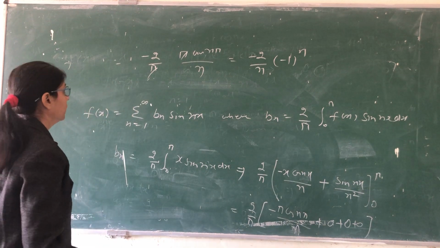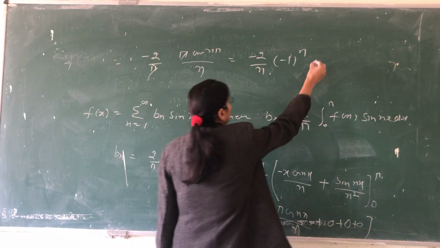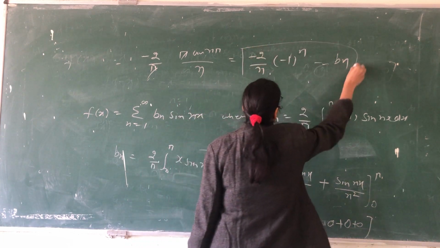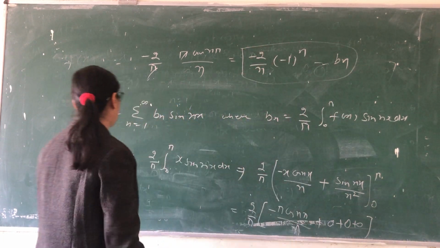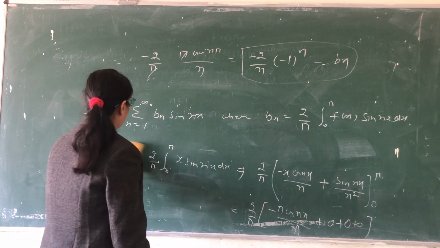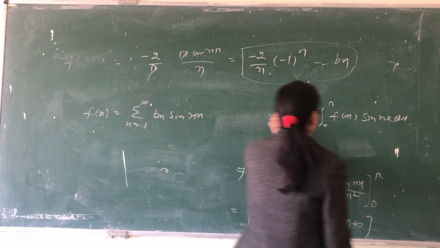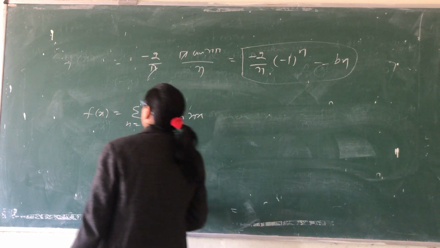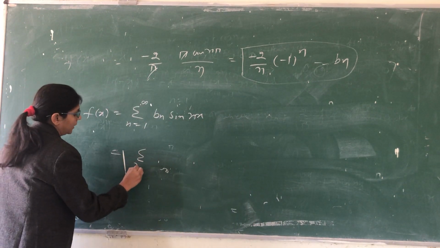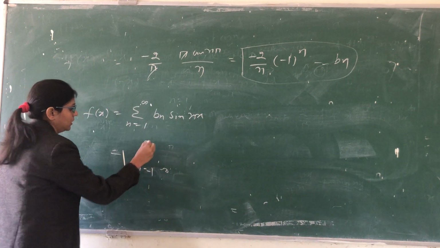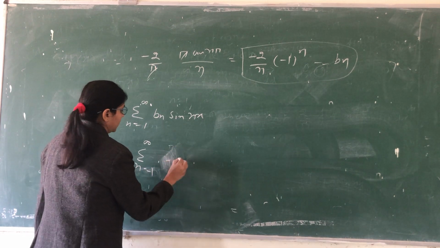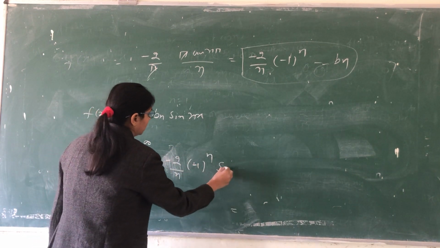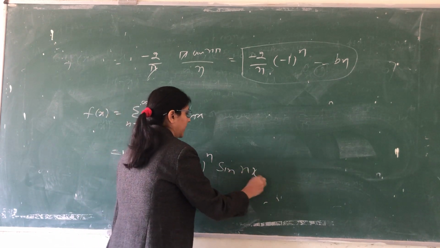So here this is our bn. bn is minus 2 upon n times minus 1 raised to the power n. So the function in Fourier series form can be written as summation n from 1 to infinity minus 2 upon n minus 1 raised to the power n sin of nx.